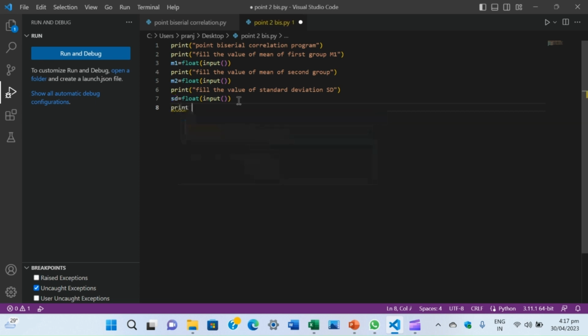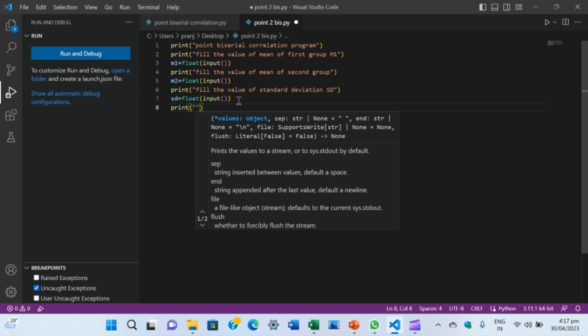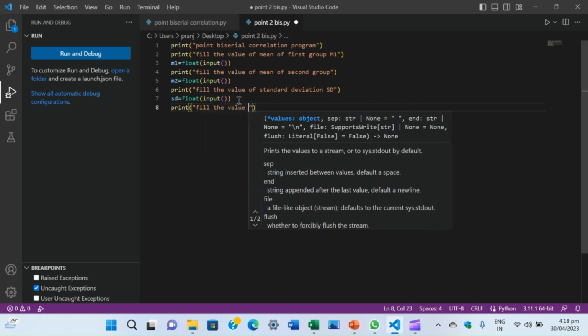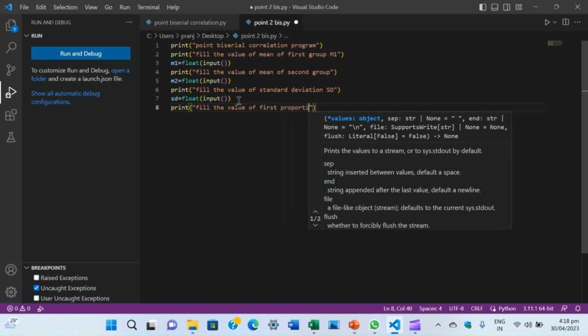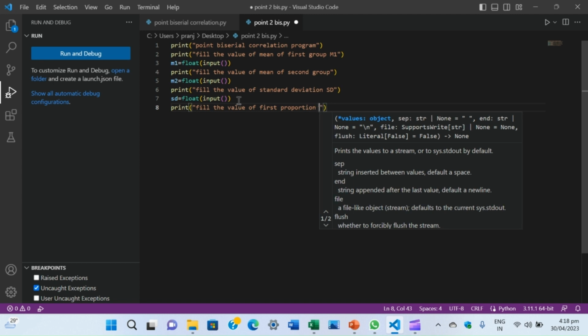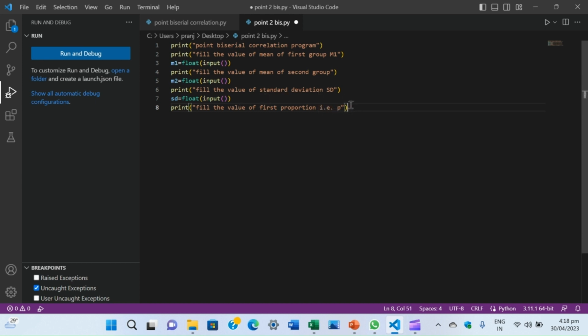print, double inverted comma under small bracket, fill the value of first proportion, that is p, and we write the program for input code small p.